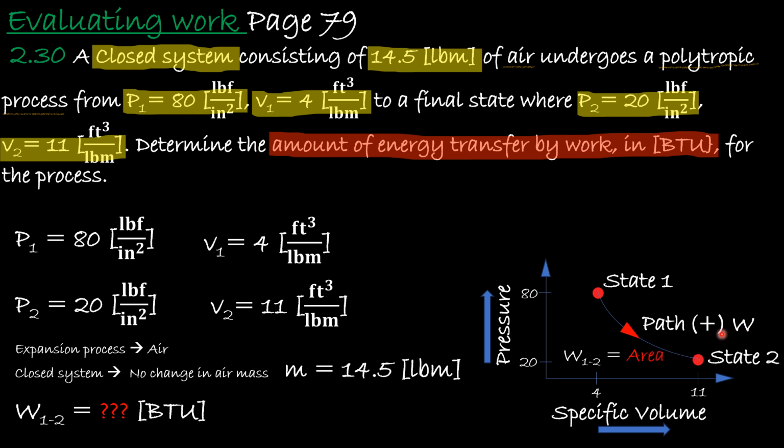So that tells us that we're going to have work, and work is the area under the curve. And that means we can use integration of pressure times volume to find the area, which means we can find the work.